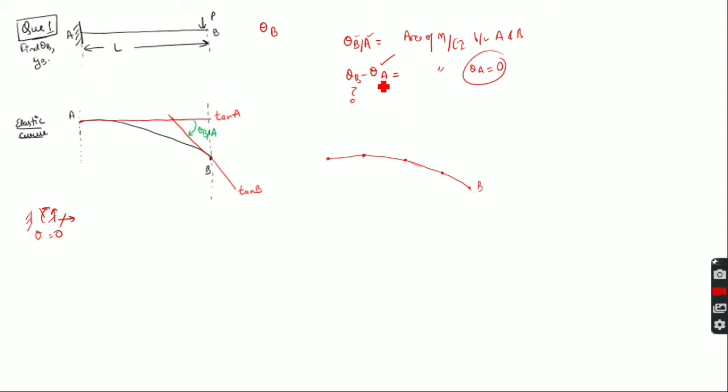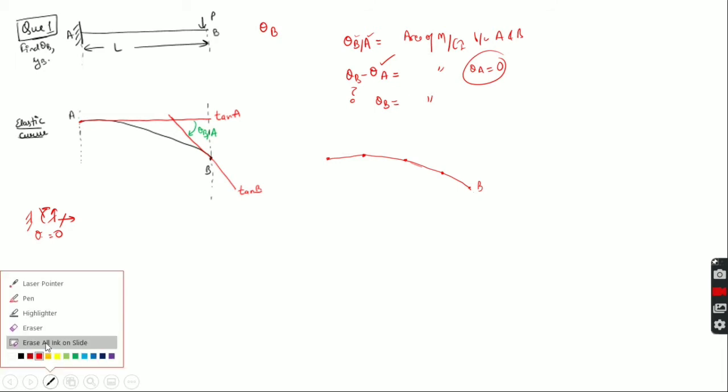If I put 0 here, I directly get theta B is equal to the area of M by EI between A and B, right? We have to change this equation according to our requirements so that we can solve. It is very clear that in the case of a cantilever beam we have no problem, because for the fixed support the slope will always be 0, so we can take the fixed end as the relative tangent, right?